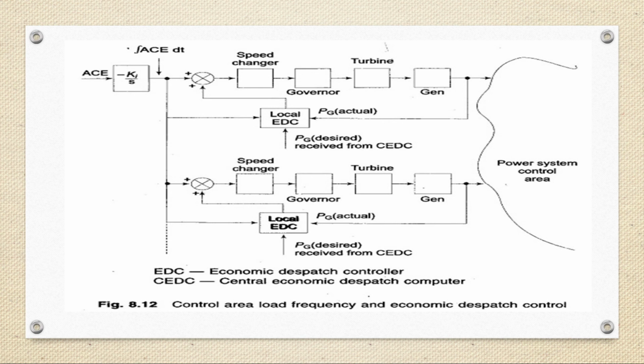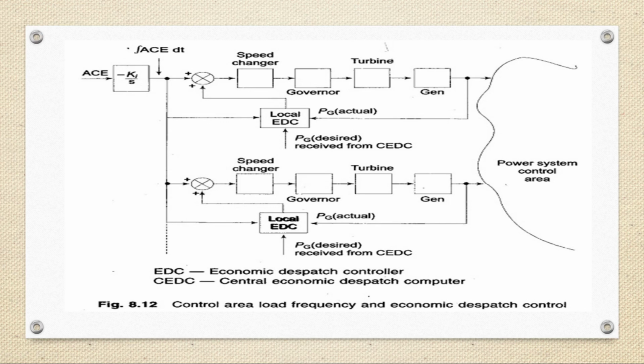So we are giving a feedback here, PG desired minus PG actual, which is given to the local EDC, and it will be modified by the signal representing integral ACE dt at that instant of time.